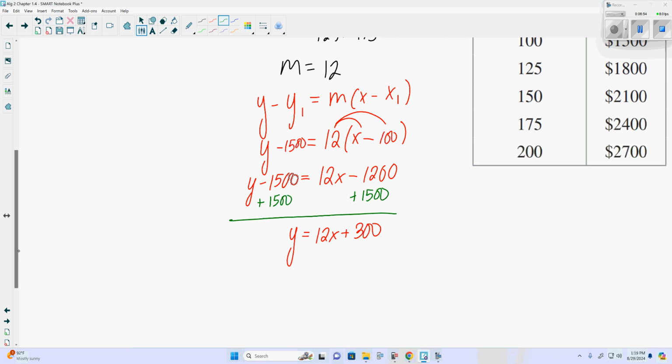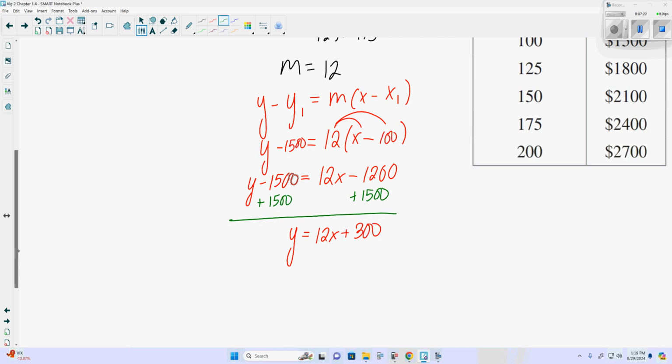We already said that Lakeside is more expensive per student, with a bigger slope, but Sunview has a bigger starting amount. So Sunview is going to start out more expensive than Lakeside, but at some point they're going to intersect and cross, where Sunview goes from more expensive to the cheaper one. And the question is where that is going to take place.